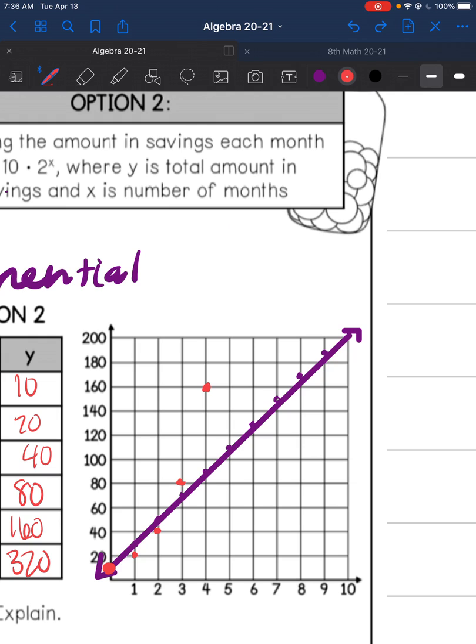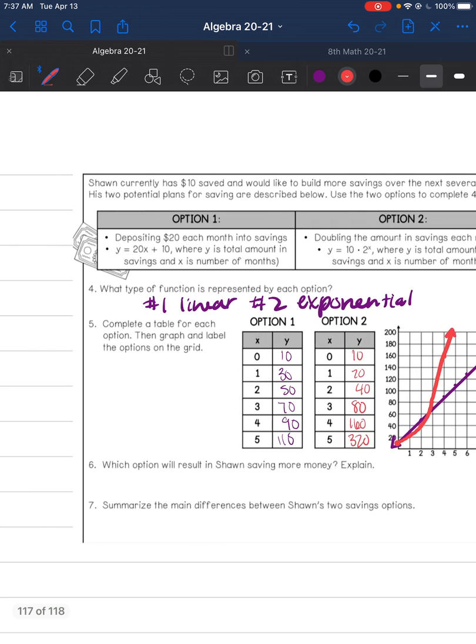I'm just not having any luck with this, so you can see not the pretty line. There we go. So until we get to about month 3, you see that option 1 might have more money, but because we're doubling over time each time, eventually, and actually pretty quickly, option 2 would get more money.